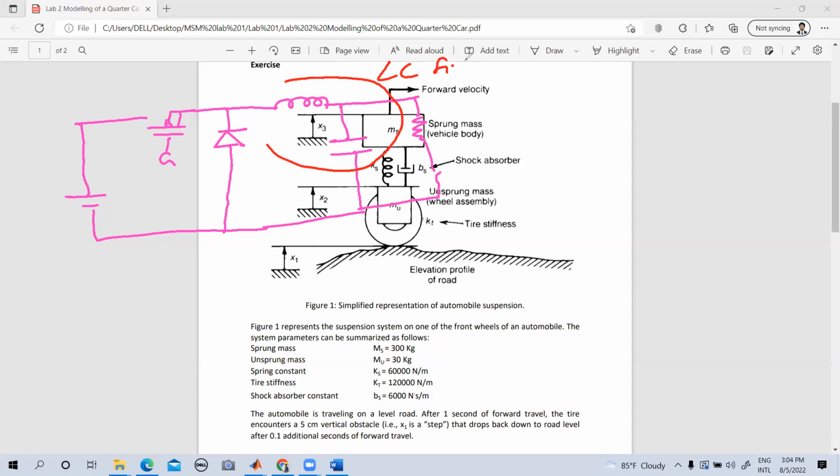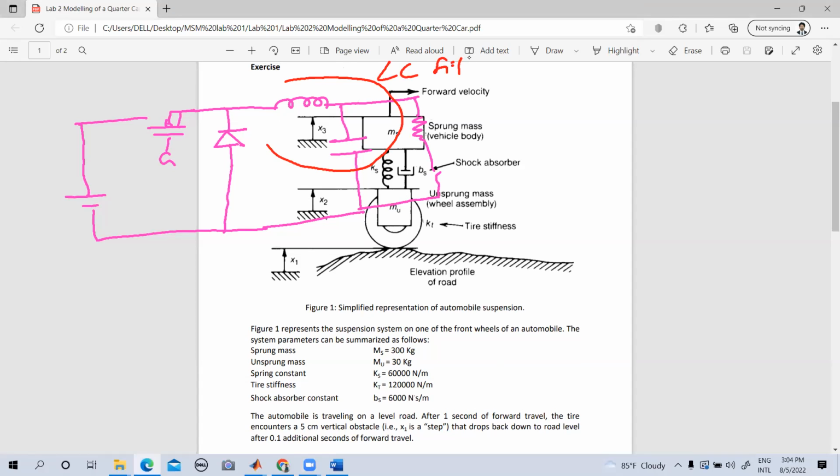LC filter, right? So why do we call this the LC filter? Can someone explain why we call this the LC filter from your electronics knowledge?